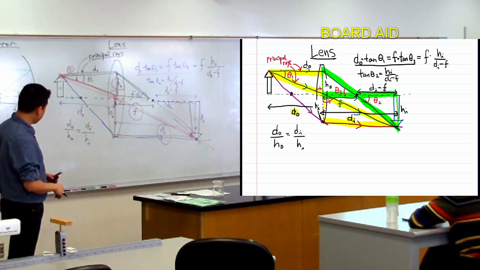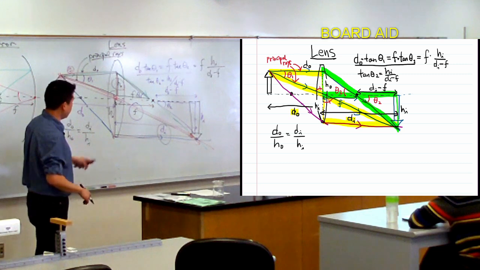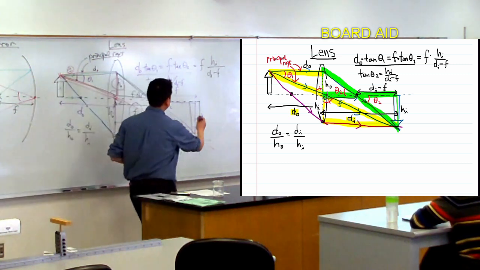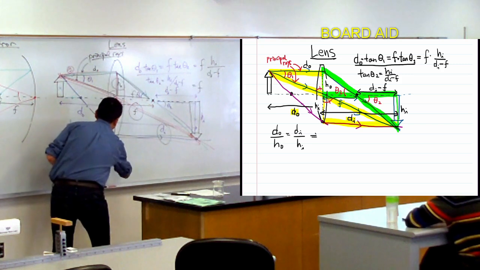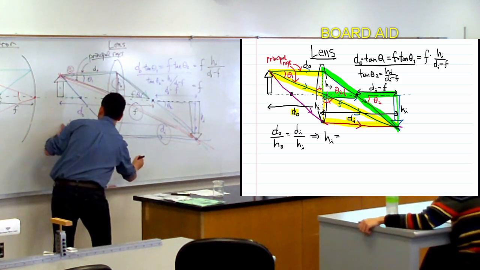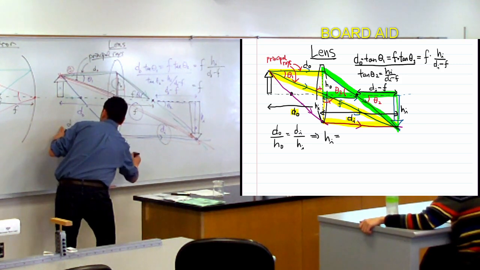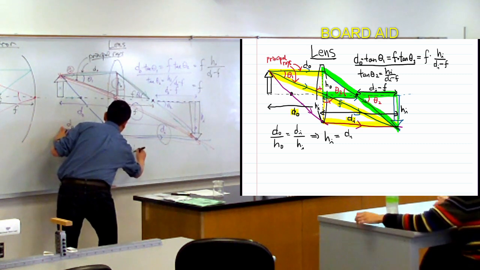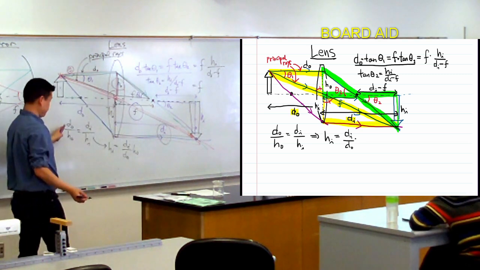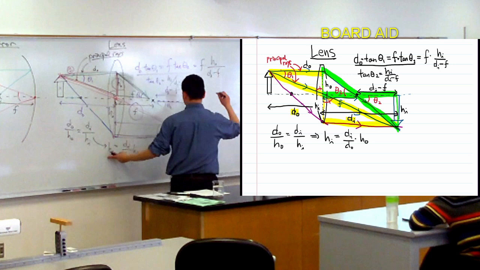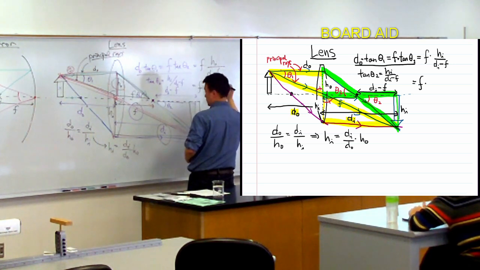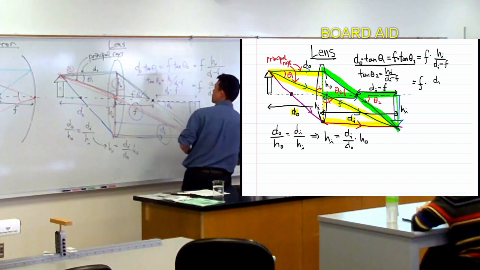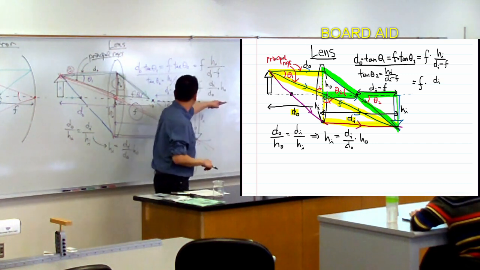Which means we could solve this for HI and plug it in there. So HI is equal to DI over DO times HO. So this is F times DI over DO times HO. I think I did something with the HO earlier.